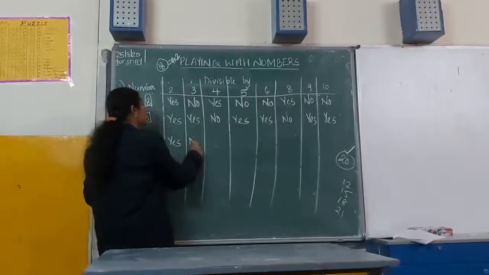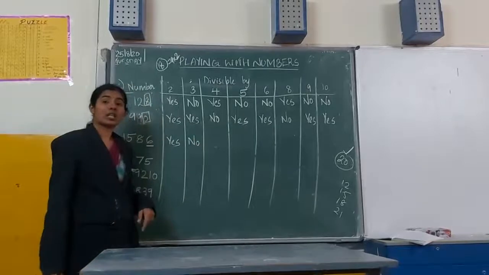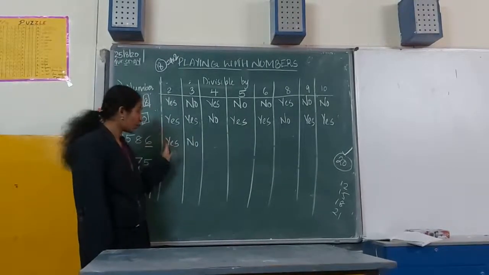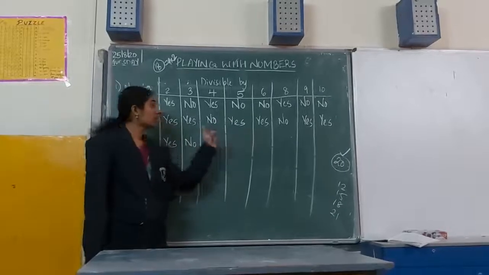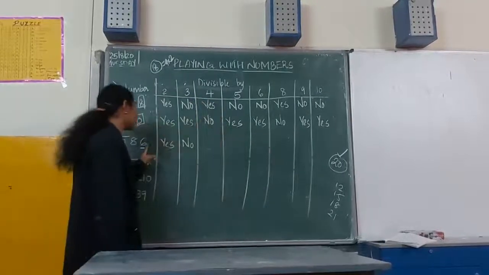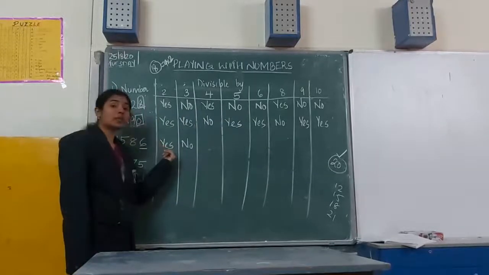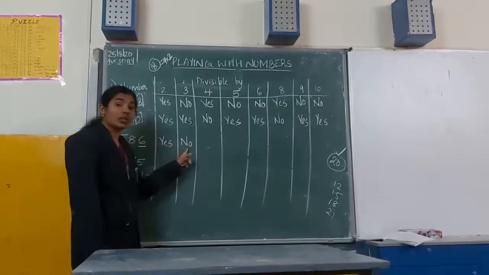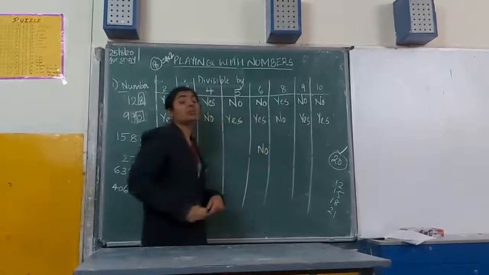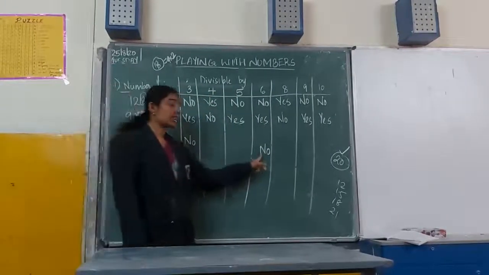So here, no. If a number is divisible by 2 and 3 both, then we can say that number is divisible by 6. But here you can say this number is divisible by 2, but it is not divisible by 3. So we can say the given number is not divisible by 6.